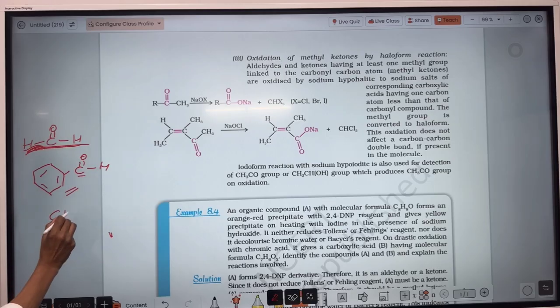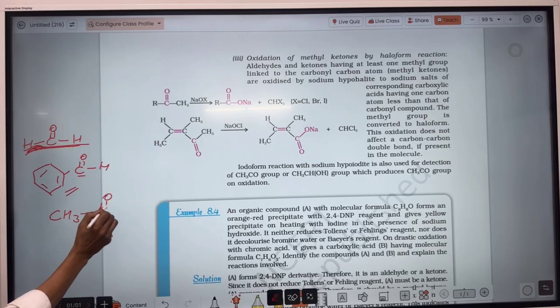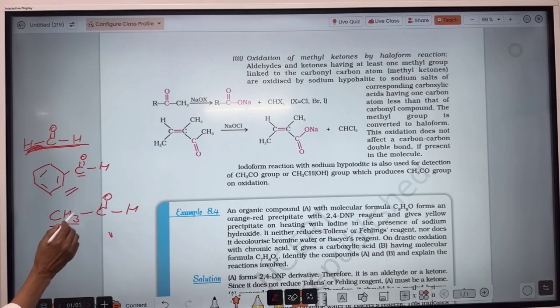Now another aldehyde, if we take CH3, C double bond OH, it will perform the haloform test because there is a methyl group bonded to the carbonyl carbon.